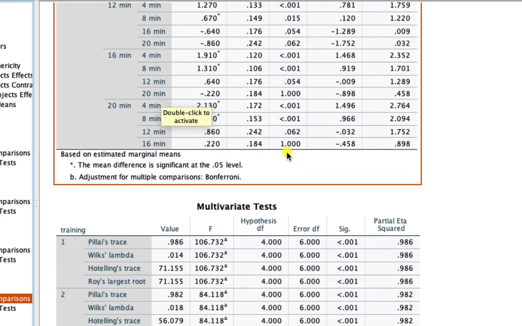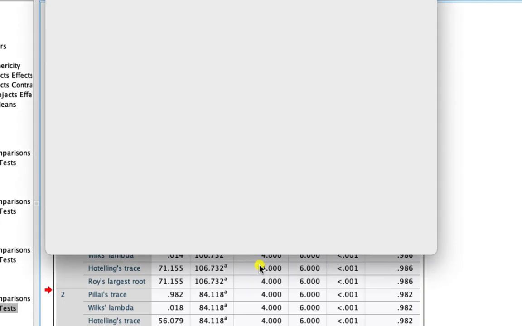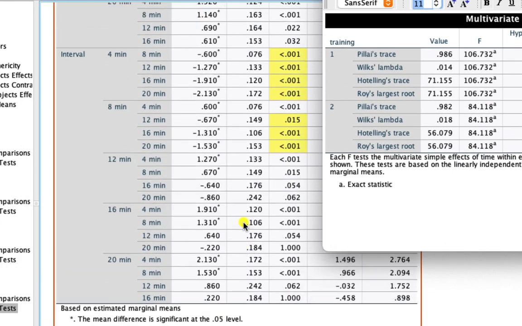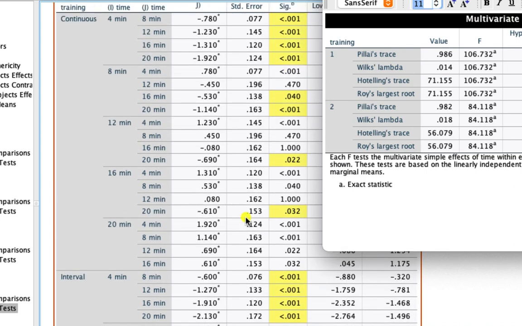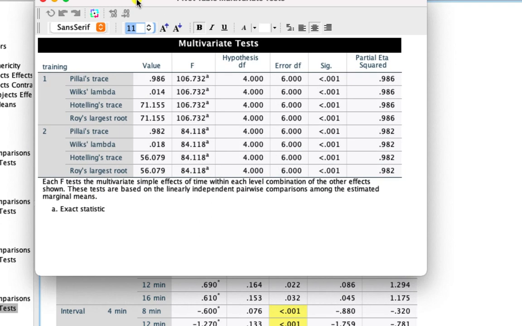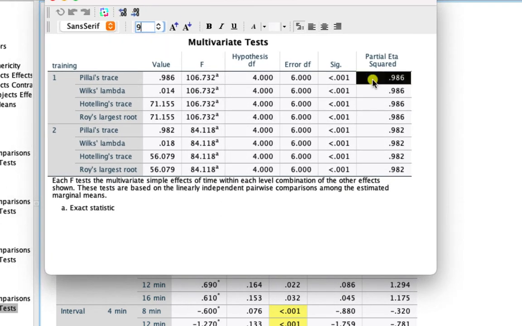So if we go down to our multivariate tests, this one's going to be kind of on the easier side. We had significant pairs within the continuous grouping, so that means we just report one effect size for all of our significant differences.